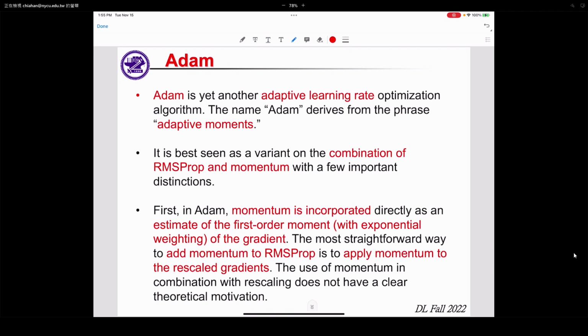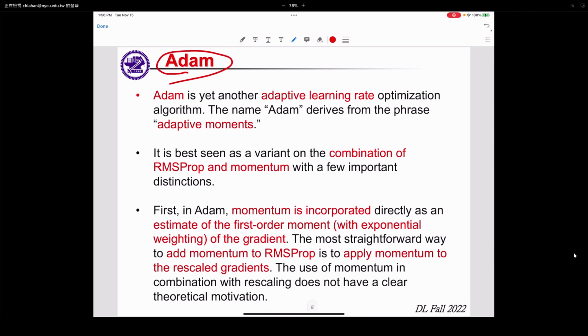All right. So until now we have introduced a bunch of algorithms. But in the papers, most of the time, other than SGD, you probably don't see those algorithms. What you see most likely is Adam.